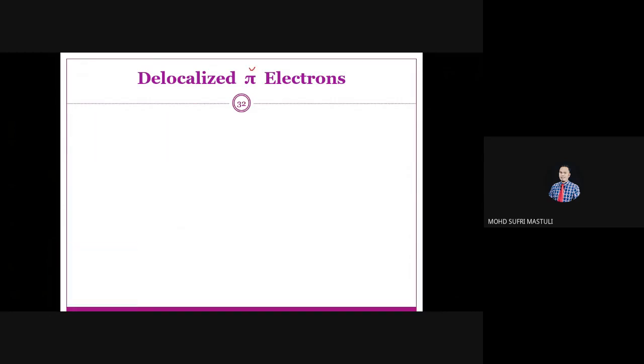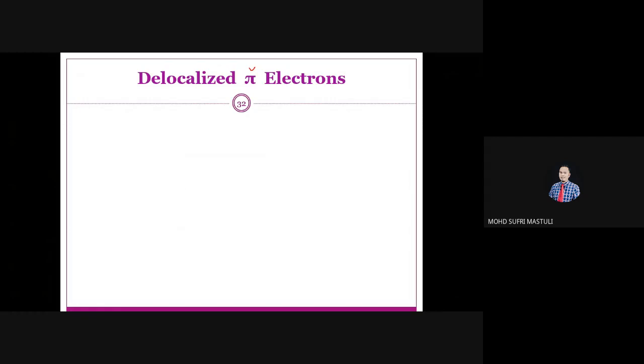Okay. Pi electrons, you should remember, pi electron is a p orbital. The pi electrons are from the py or pz. Another important point regarding pi electrons is that they are those from unhybridized orbital.